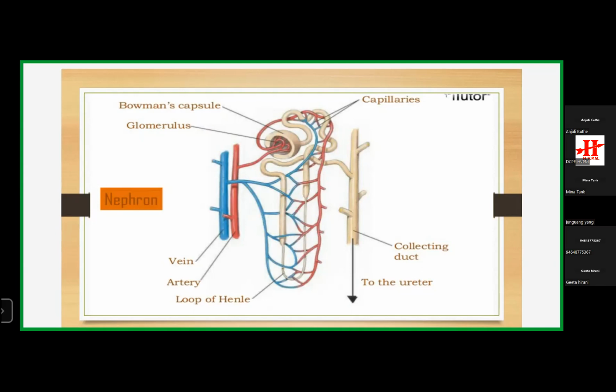Nephron. And this is the structure. It is very complicated, having a cup-shaped part.